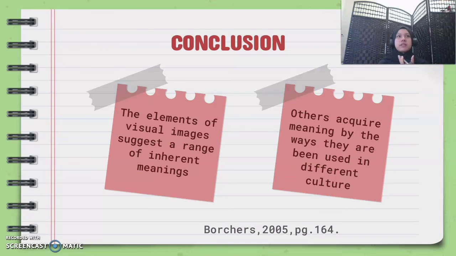For example, from Chinese culture, they will see the color red as a good sign. But maybe other cultures will think of red as a warning or a dangerous sign. So that's how different cultures interpret different meanings of visual images or symbols.